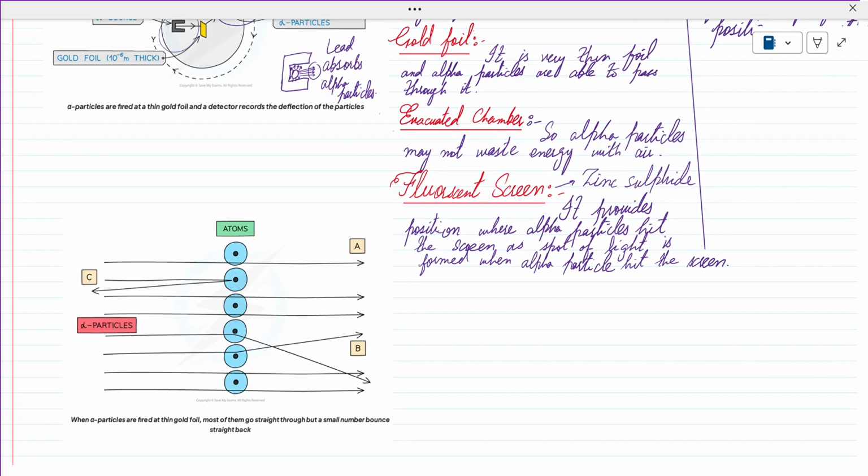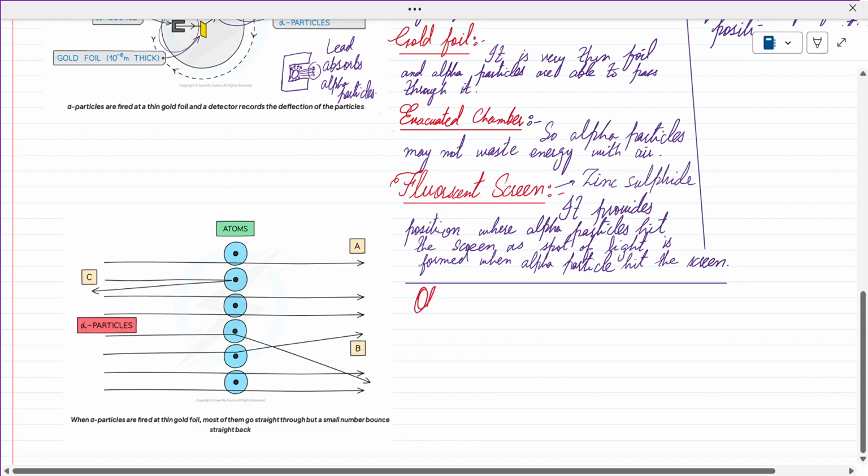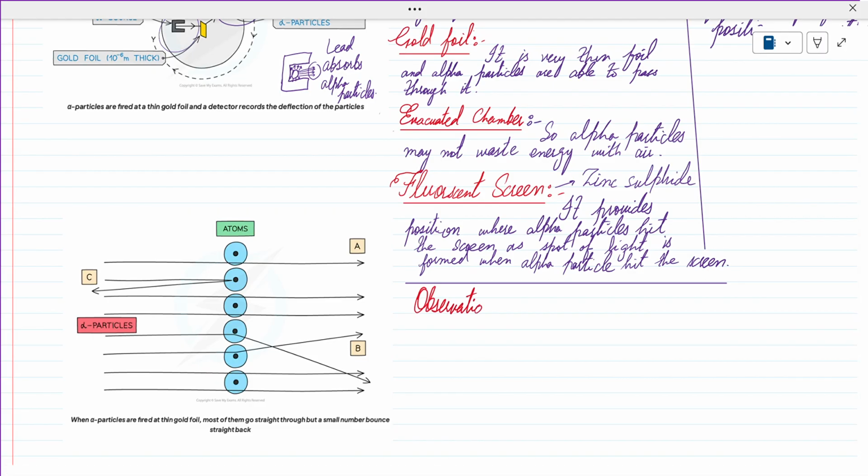The first one is type A. Now we are going to discuss our observations, what we observed.